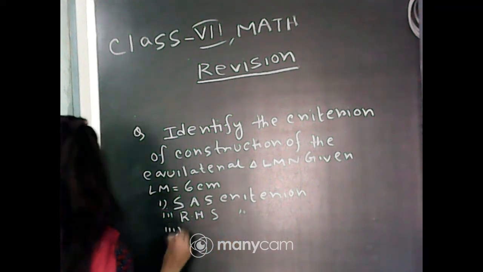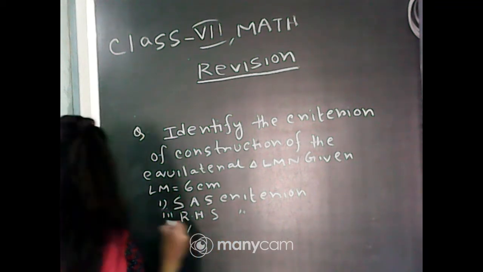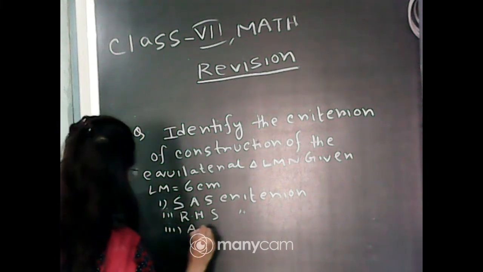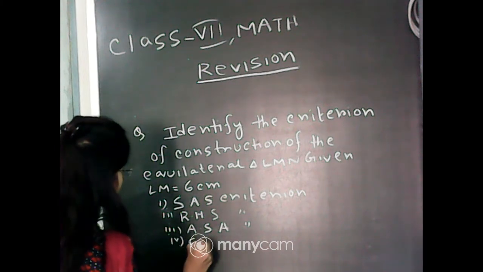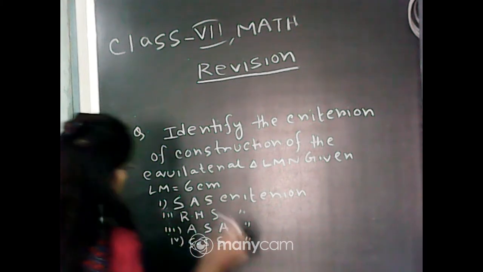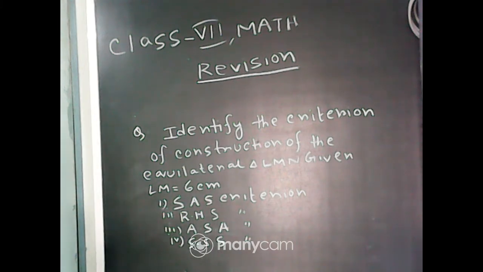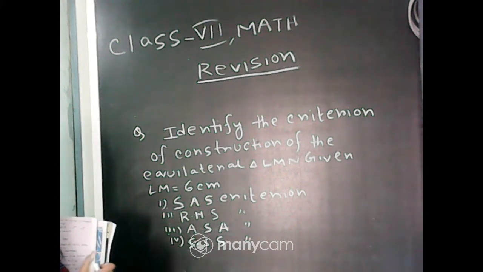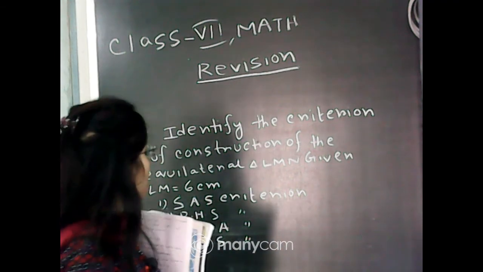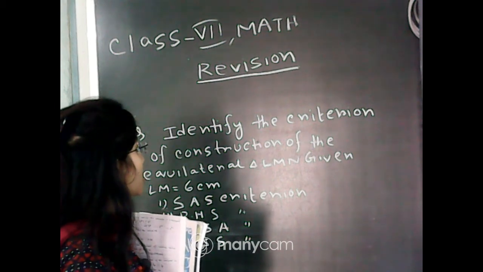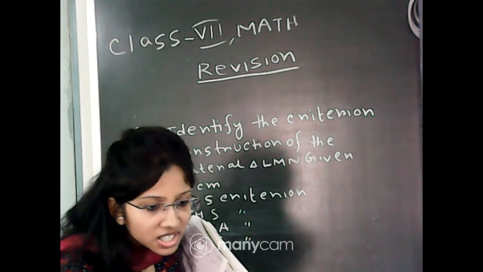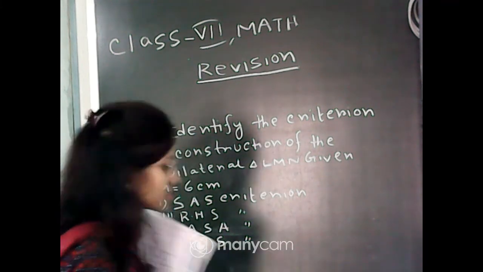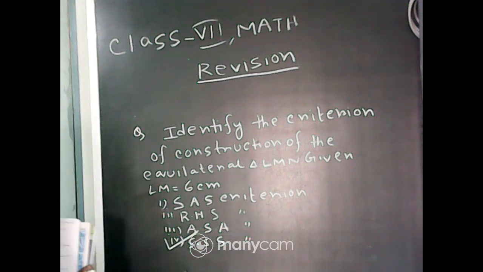Option 3 is angle side angle criterion and option 4 is SSS criterion. Here the length of 3 sides of the equilateral triangle LMN are given. So, it is SSS criterion. Yes, very good, students. So, option 4 is the correct answer.